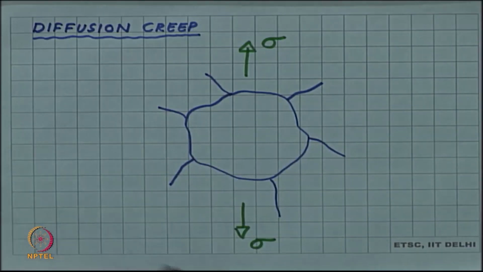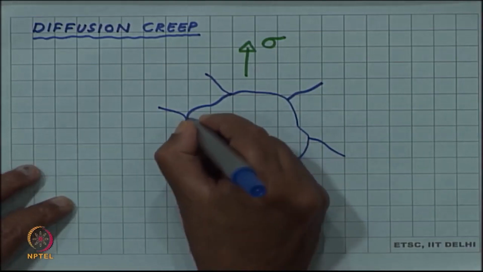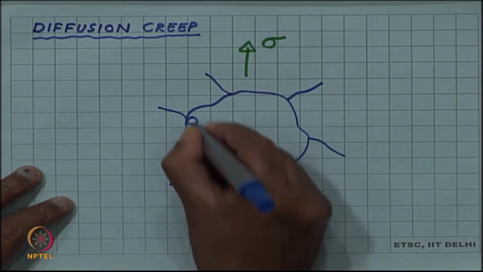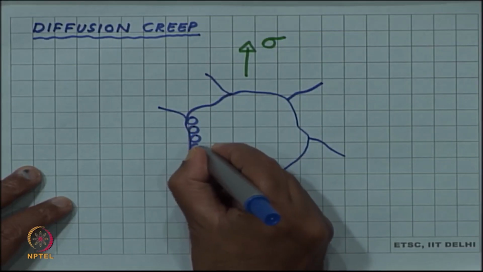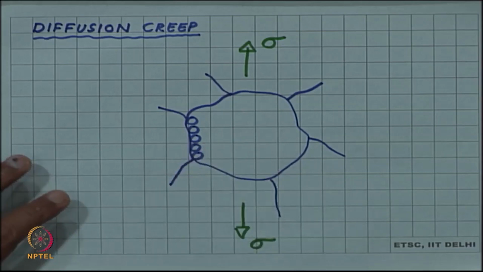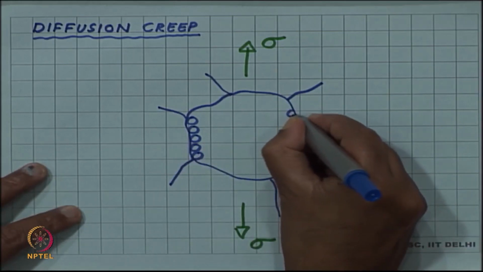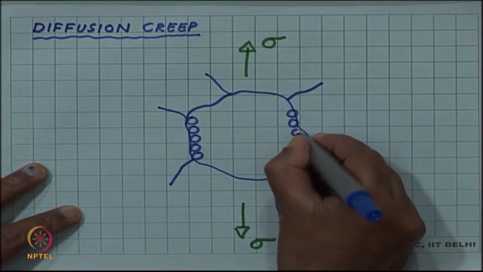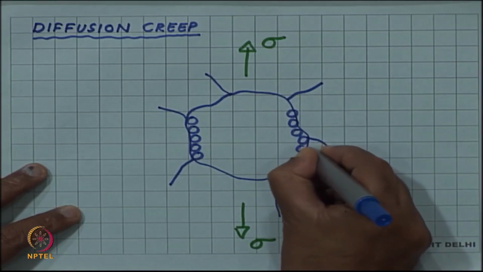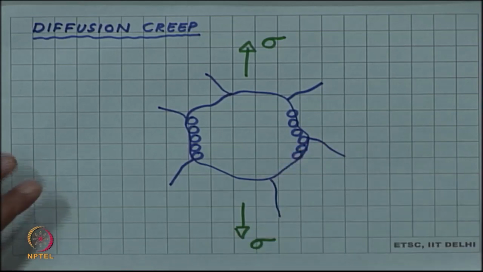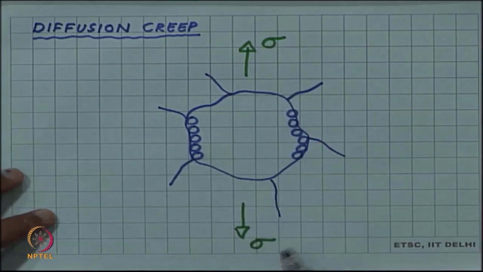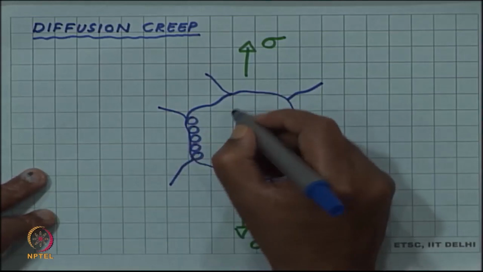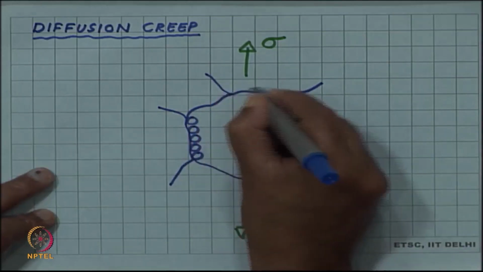This elongation and compression of course can be obtained by dislocation motion, as it happens at low temperature, but at higher temperature, since diffusivities are higher and atomic jumps are easier, one mechanism which is possible is that atoms which are on the grain boundaries parallel to the stress axis can move to grain boundaries perpendicular to the stress axis.